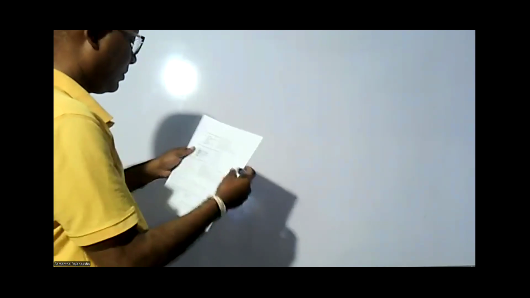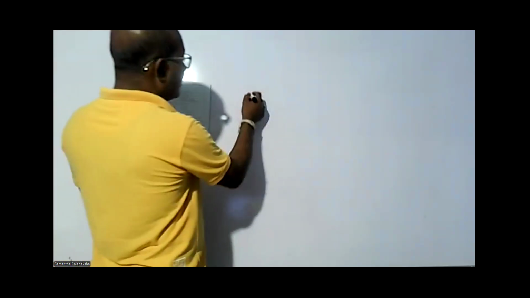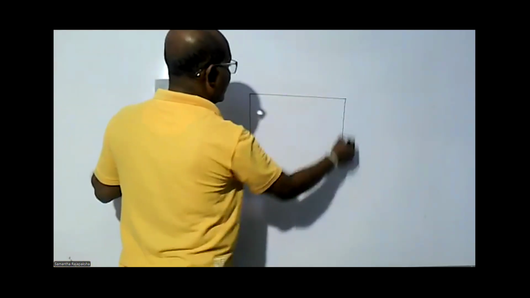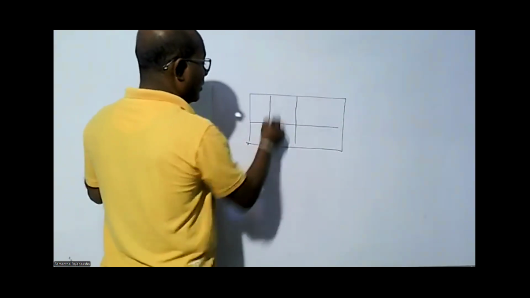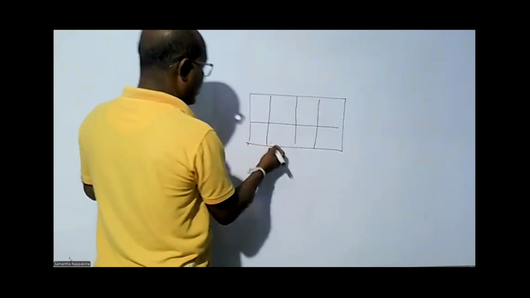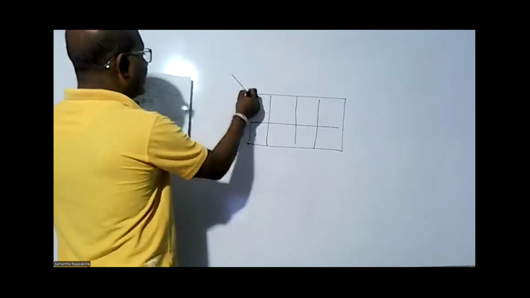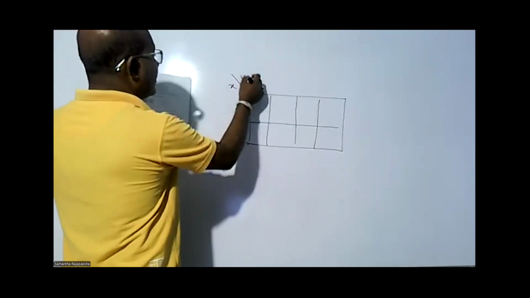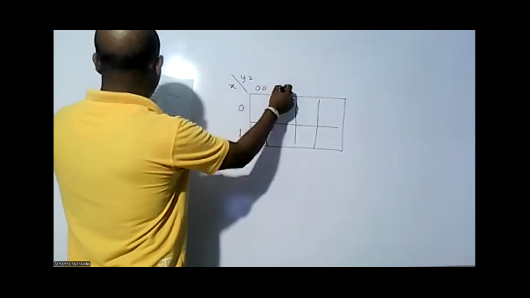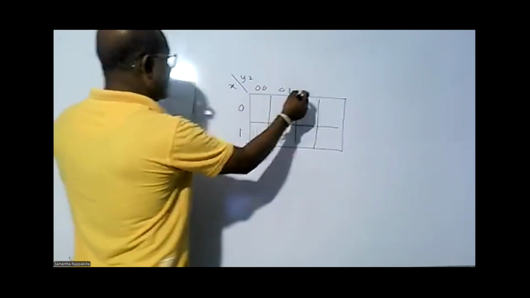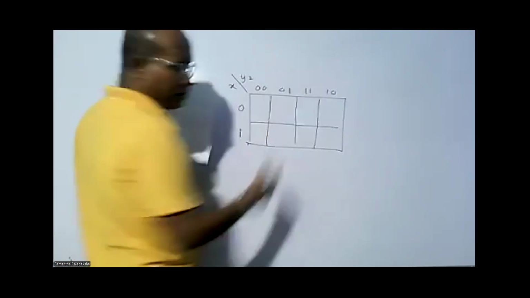So that is basically the Karnaugh map. Now here you are given the table. This is not difficult actually, the Karnaugh map. So we have it here, y is here. And this is 0, this is 1, this is 0, 0, 0, 1, 1, 1, 1, 0.